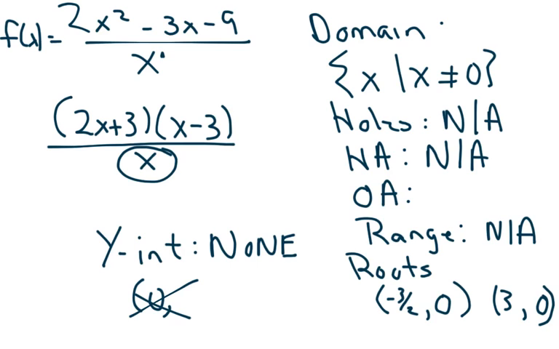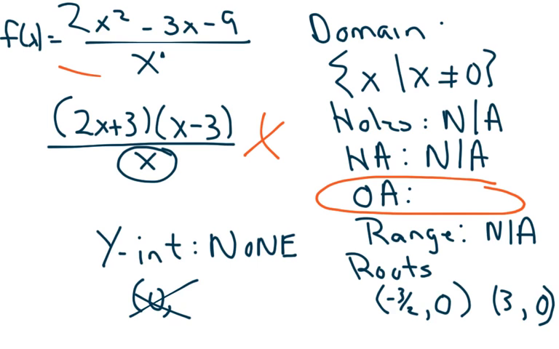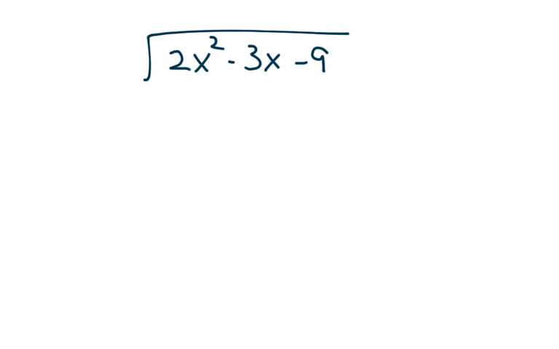Now when I figure out my oblique asymptote, what I'm going to do is use long division. I'm not going to use this one. I'm going to use this. So we'll go to the next page and we're going to divide 2x squared minus 3x minus 9 by x. And when you do that, you can get 2x, and you multiply this by x, giving 2x squared.